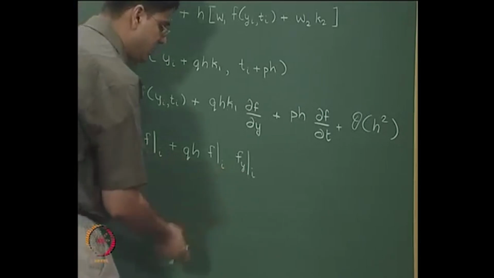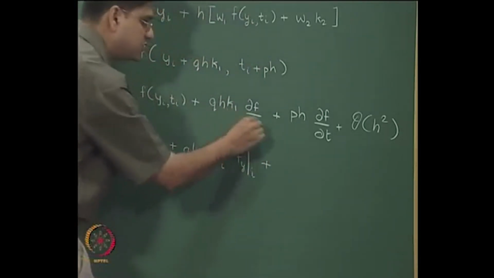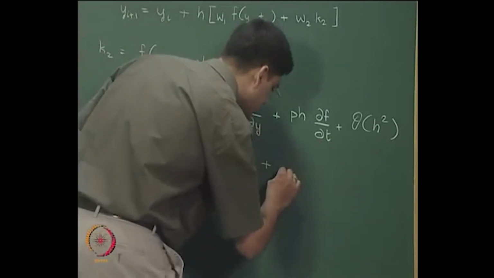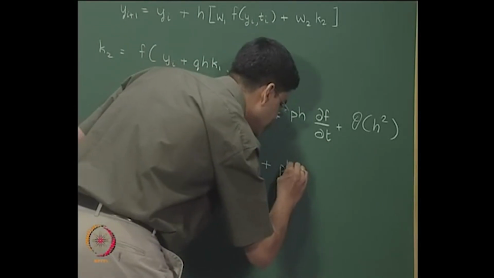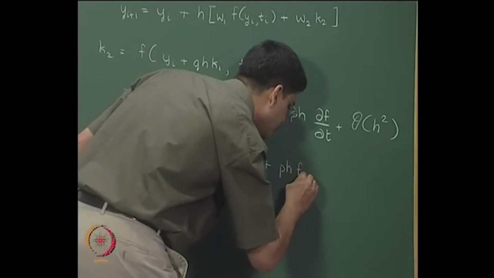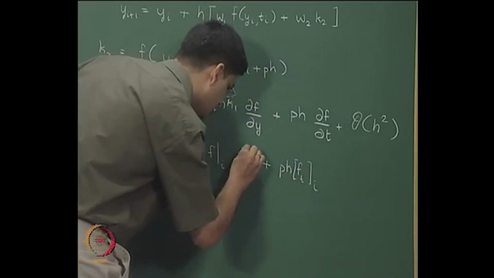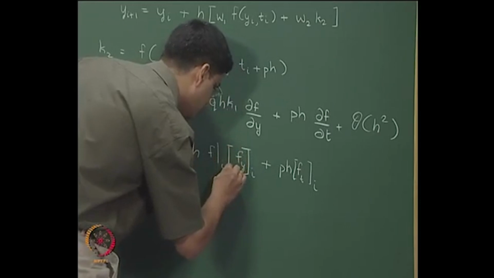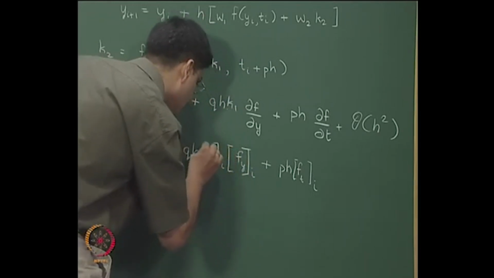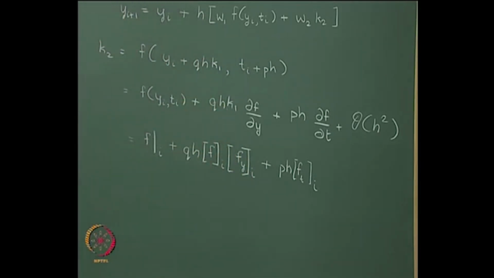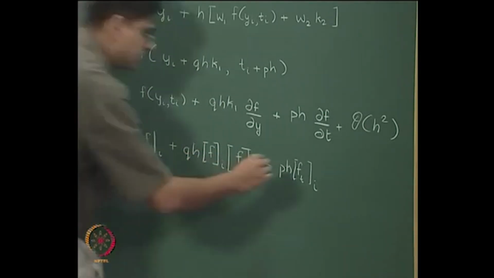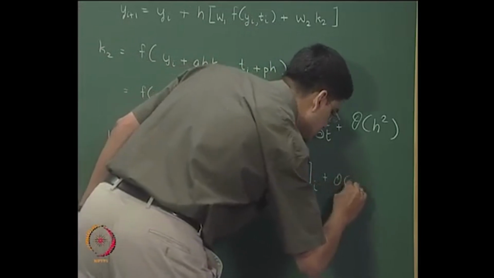Okay, so this is what we get for this particular term, and for this term we will have p multiplied by h multiplied by f_t computed at i. Okay, so that is what K2 is going to be.